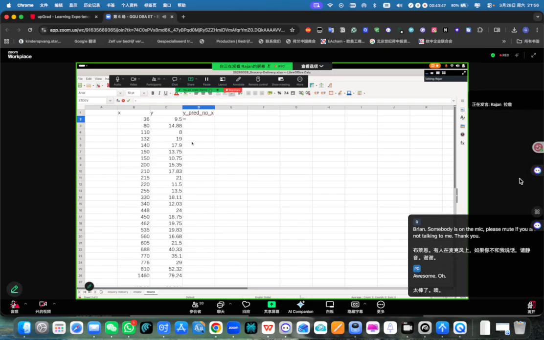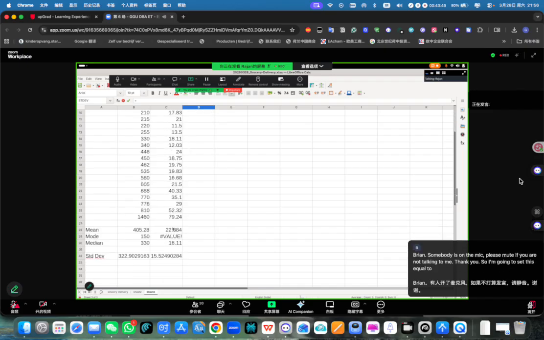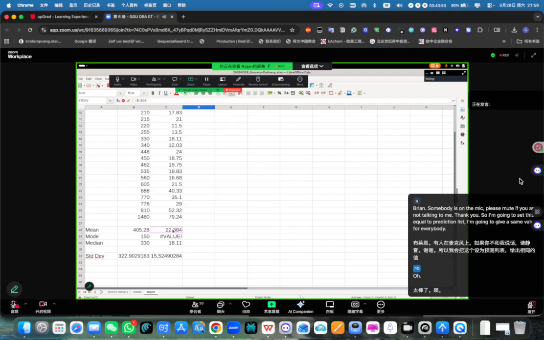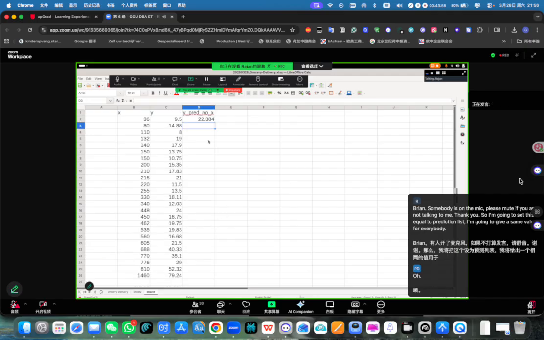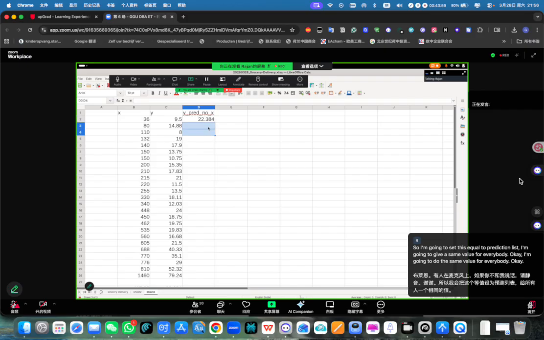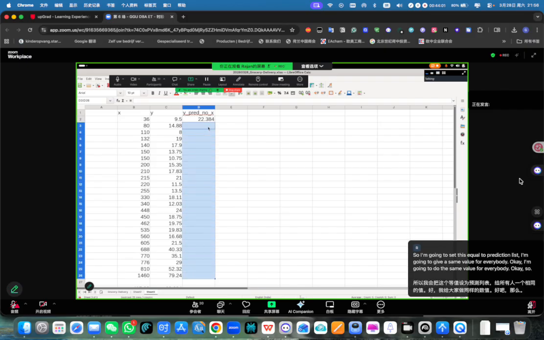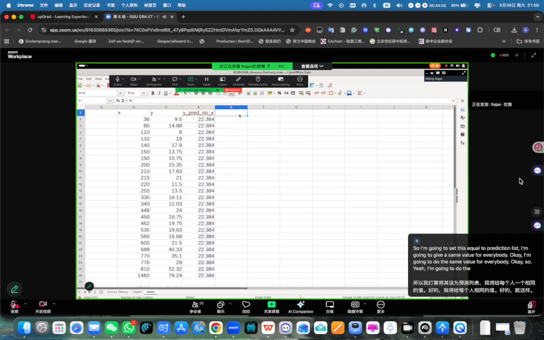So I'm going to set the prediction equal to the mean; I'm going to give the same value for everybody. Now let's calculate the error for each person.